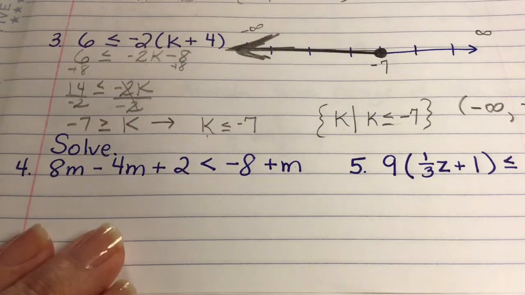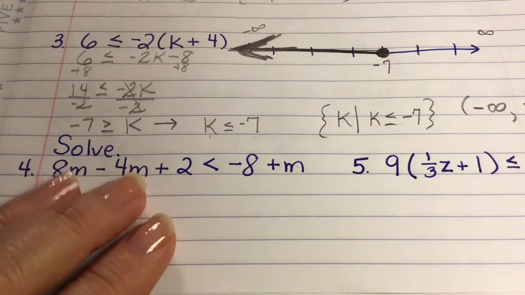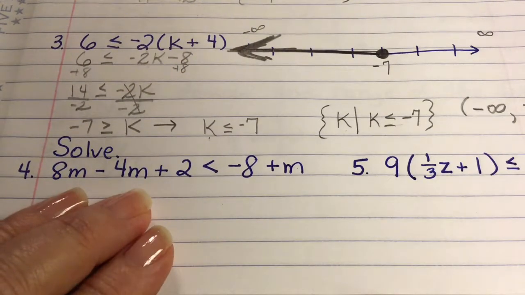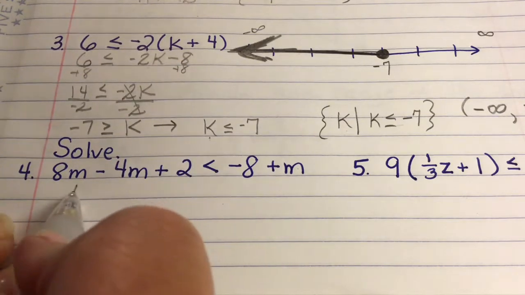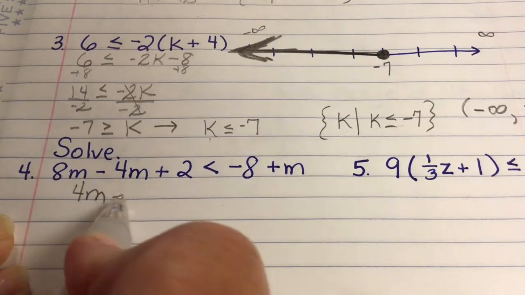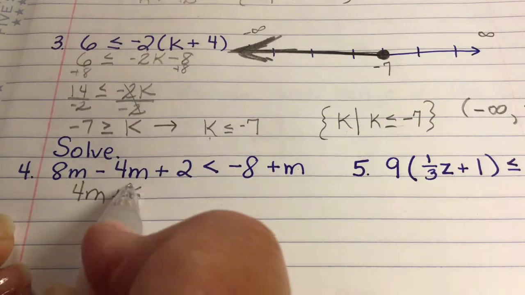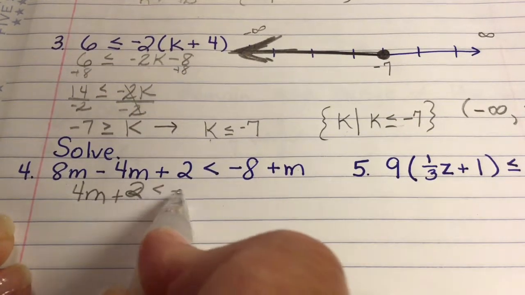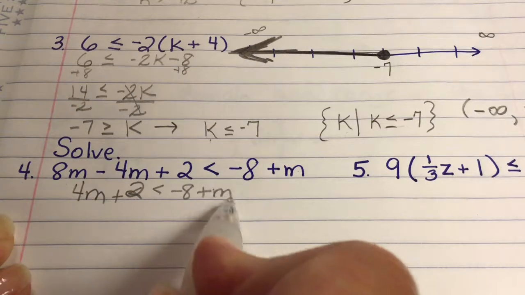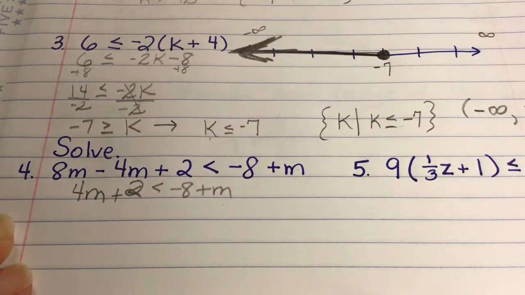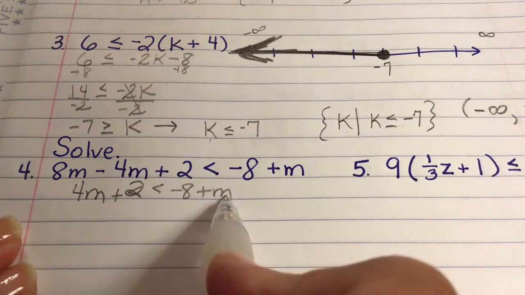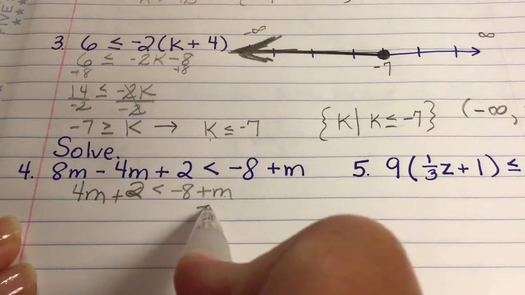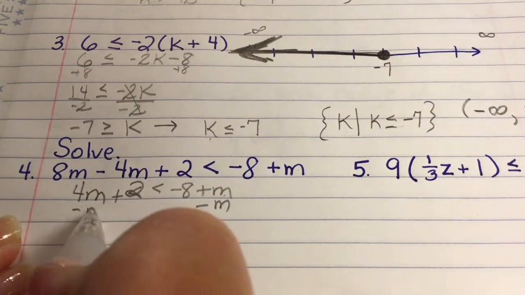Okay, so to solve the first one, on the left-hand side of the inequality sign, I do have like terms, so I need to combine those. 8m minus 4m is 4m, plus 2 is less than -8 plus m. I didn't have any like terms over here, so I don't need to combine anything. I'm going to move my variable to the left by subtracting m.